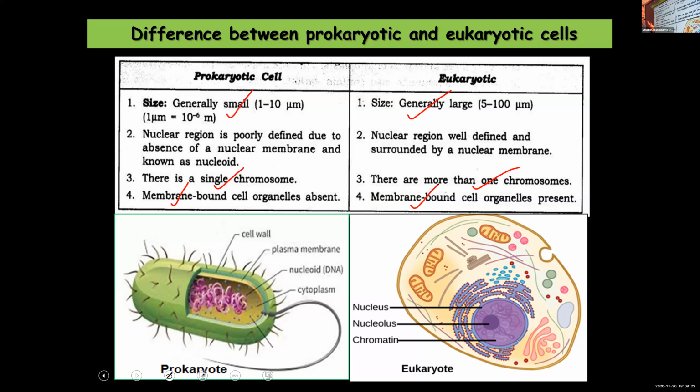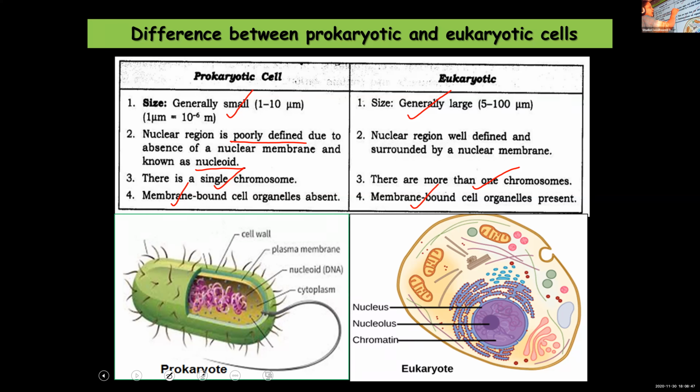Then the second and most important point, nuclear region poorly defined, no nuclear membrane, and you call such a nuclear region a nucleoid. Be thorough with the spelling of the word nucleoid. Nucleoid means a poorly defined nuclear region without a nuclear membrane.